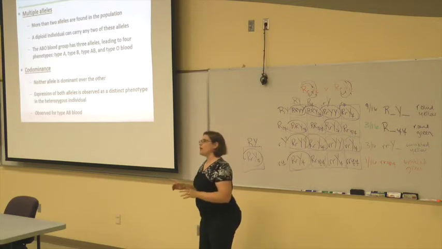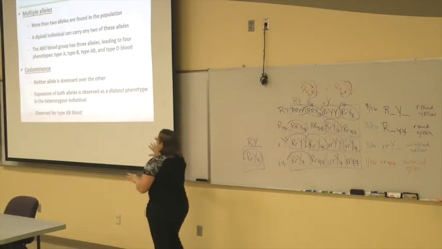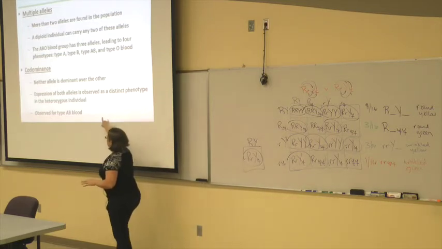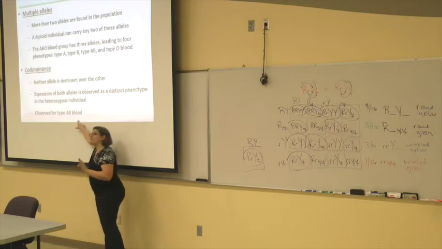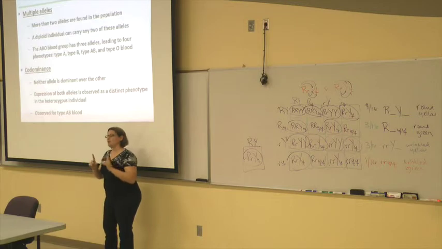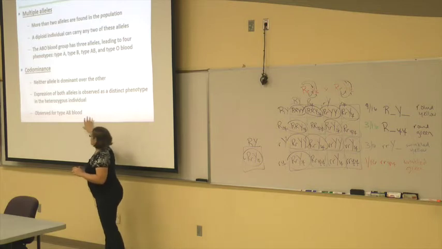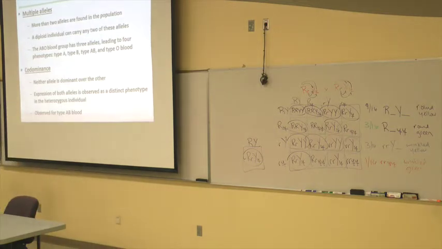But the whole reason why the AB blood type exists is because the A and B alleles are co-dominant to each other, which means that both alleles are expressed. Okay, this is not a new phenotype technically. It means that both alleles are expressed. Okay, and there's going to be a really useful picture on the next slide that illustrates this. All right, so let's talk a lot more about blood types.